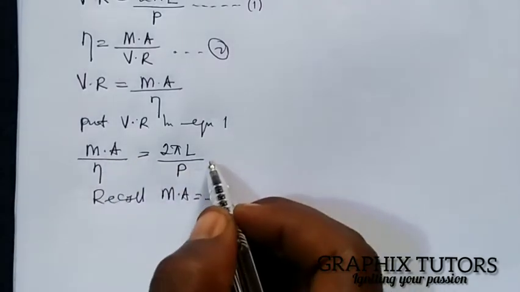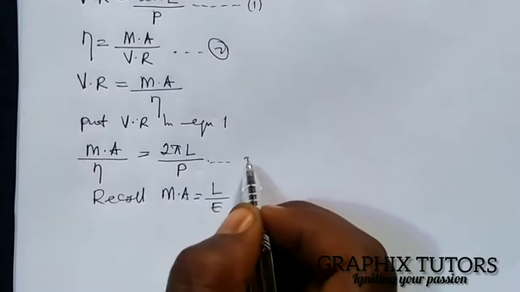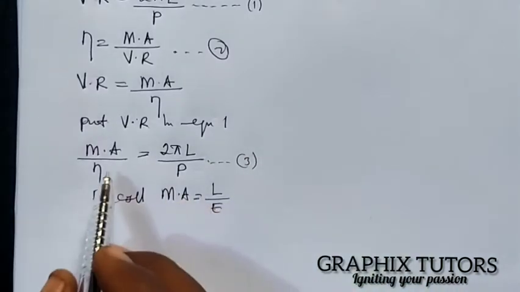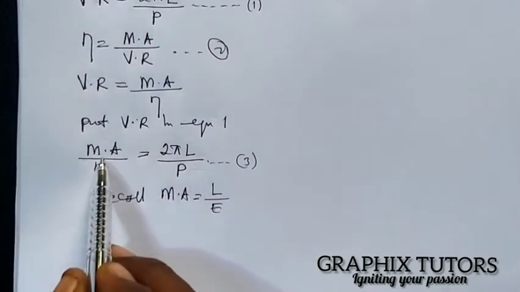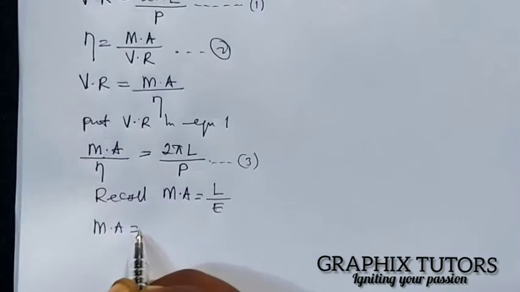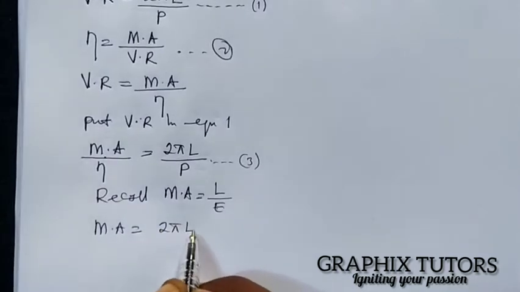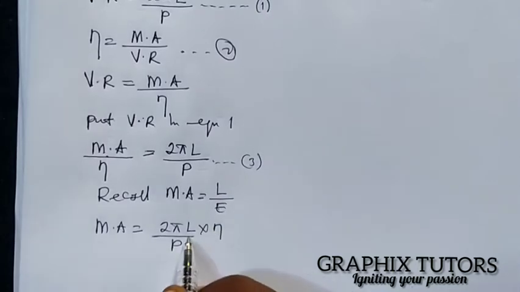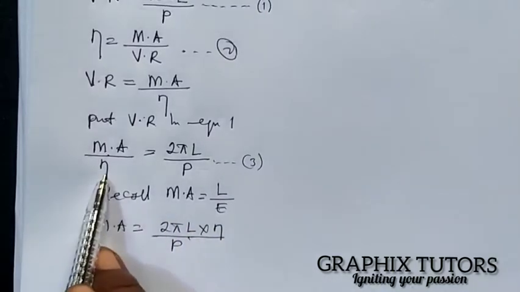Let me call it equation 3. Before I even substitute in, I should make mechanical advantage the subject of the formula. So mechanical advantage is equal to 2 pi L all over P multiplied by the efficiency. I have taken this to the other side.